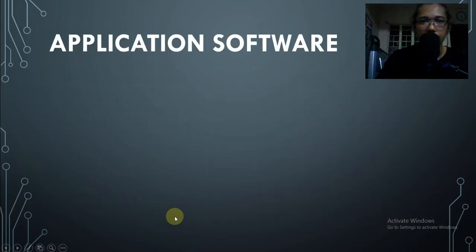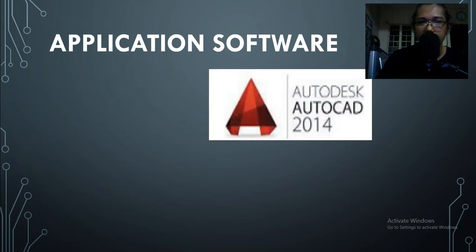So, what application software can be used? Syempre, first is the AutoCAD. Why AutoCAD 2014? Why don't we use 2019 or 2020? It is because, guys, some of you may be using a Windows 7 OS ng computer.